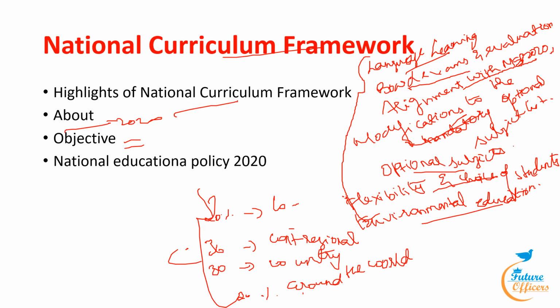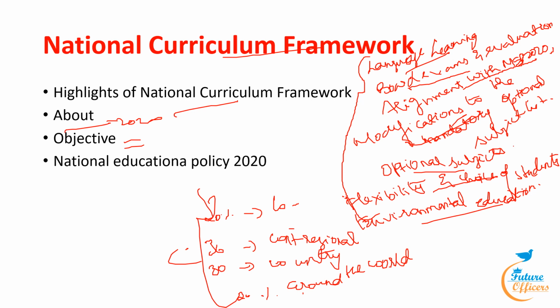There have been 4 previous iterations of the National Curriculum Framework, in the years 1975, 1988, 2000 and 2005. If the proposed revision is put in practice, it would represent the framework's 5th iteration. Like now this National Curriculum Framework is the 5th one.